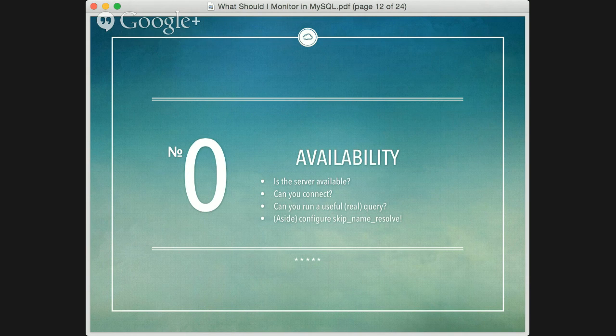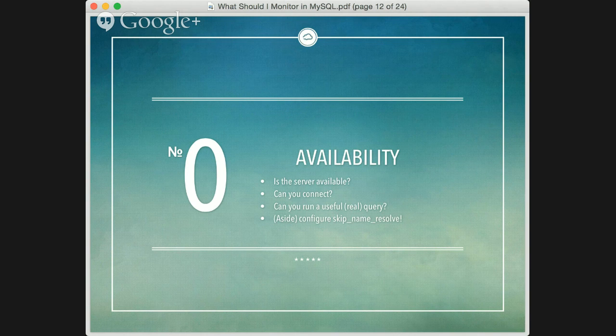So you want to make these checks as realistic as possible and simulate the application doing its real work. So you pick a query. If it's a web application that has sessions, a lot of web page loads are going to begin with a check of the session. So go ahead and do the session query, or something that should be very fast and not intrusive, but is a real query from the application.